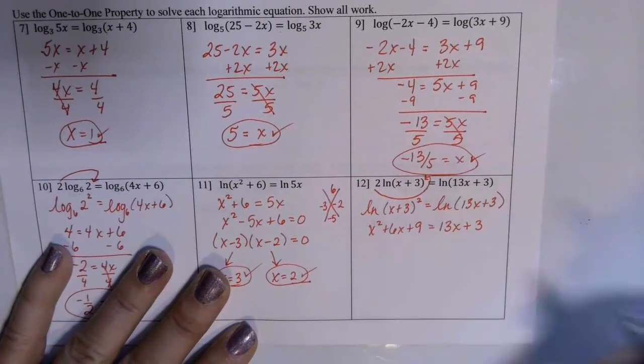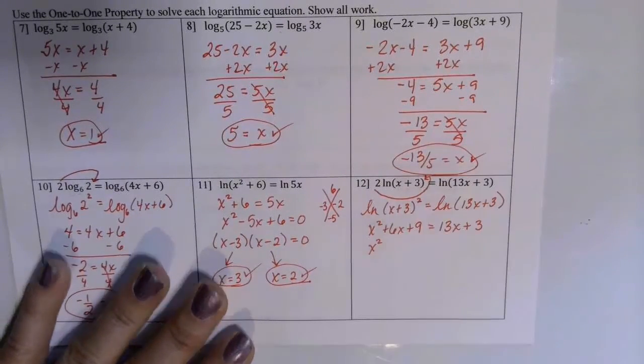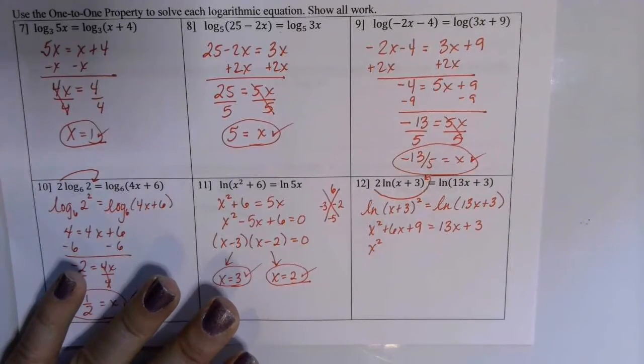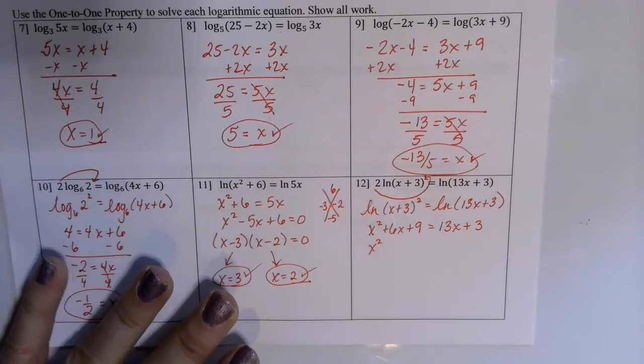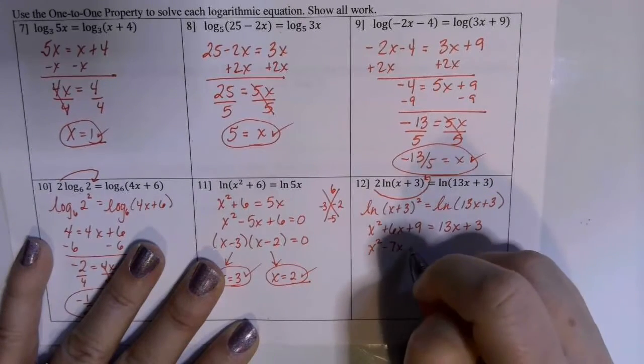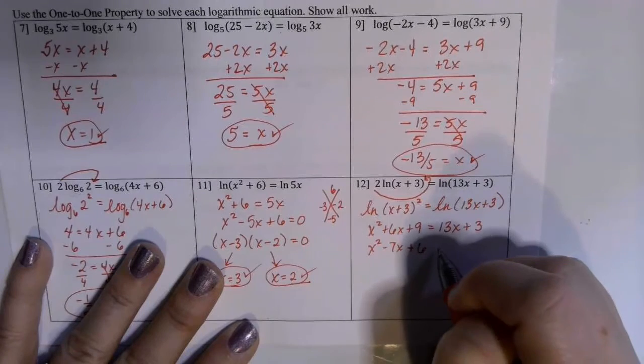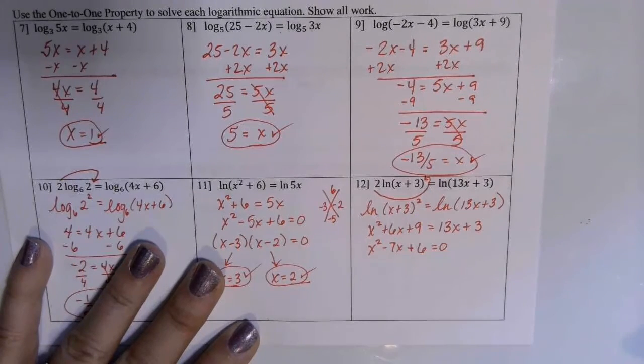Then we're going to set this equal to 0, so we'll go ahead and subtract the 13x over to the other side, and we'll have a minus 7x. Then we'll subtract the 3, and then that'll be plus 6 is equal to 0.